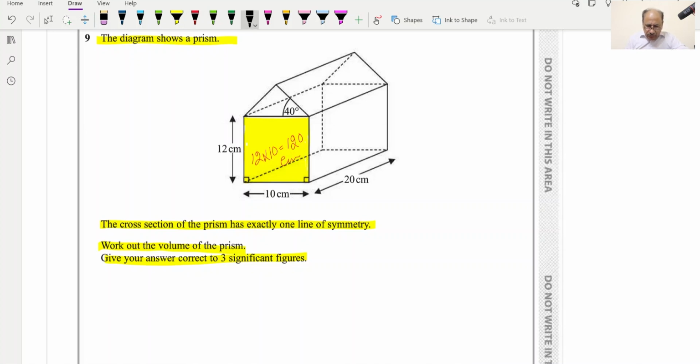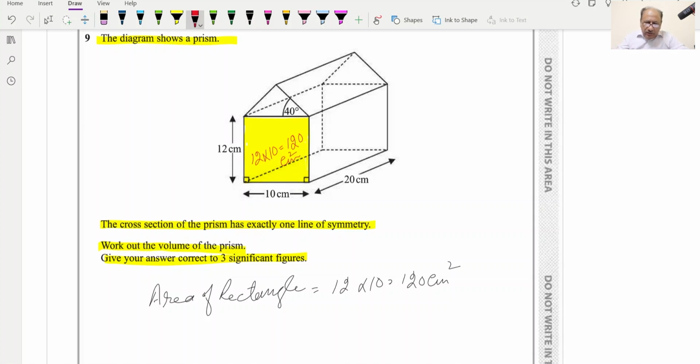The same thing we can write: area of rectangle is equal to 12 into 10 is equal to 120, and this will be centimeter square.